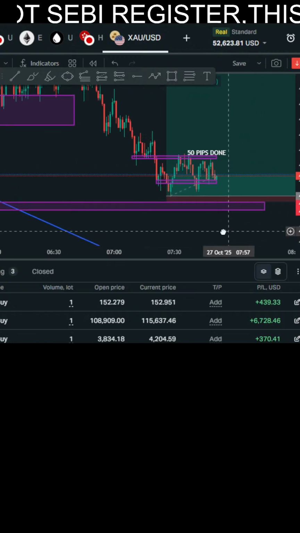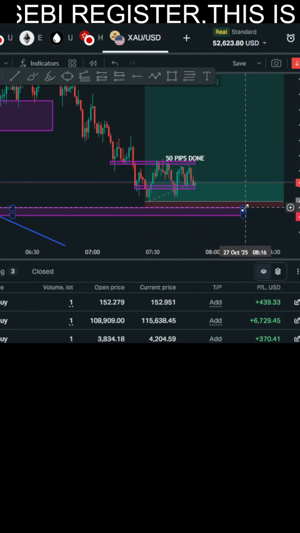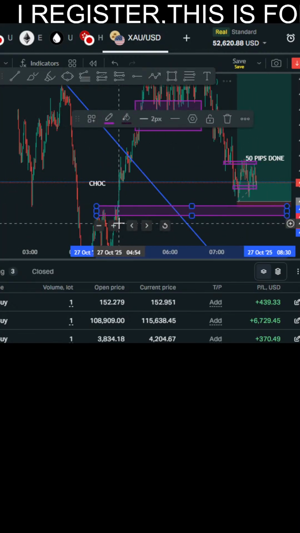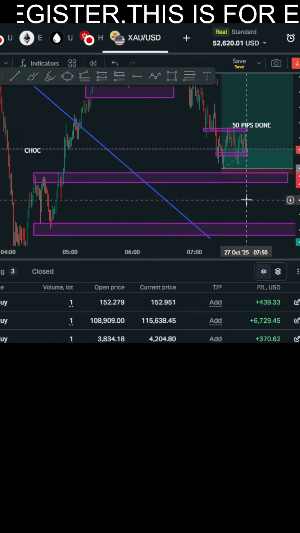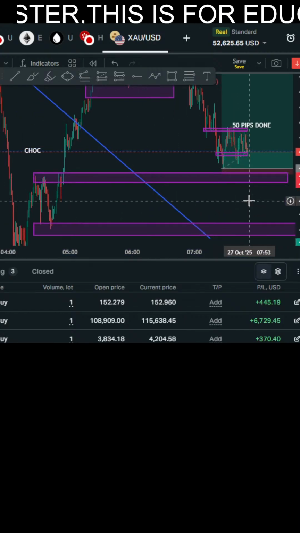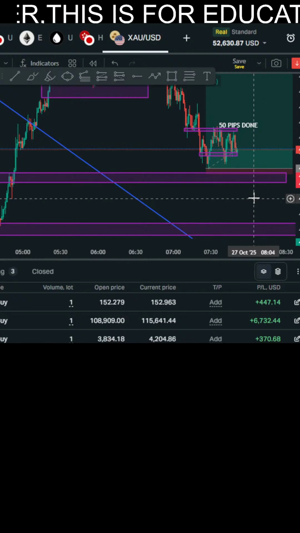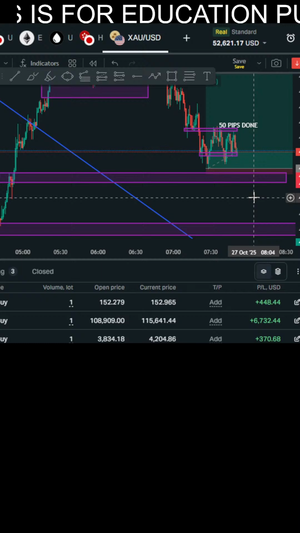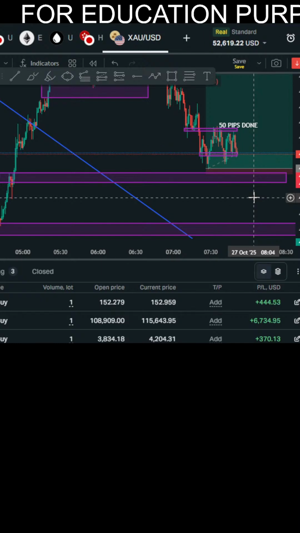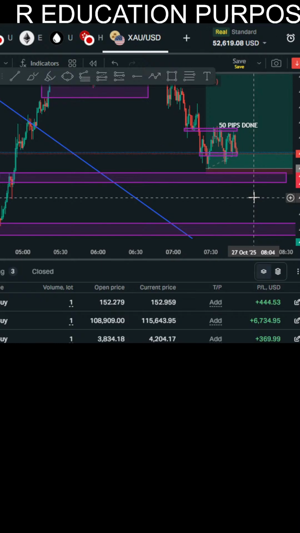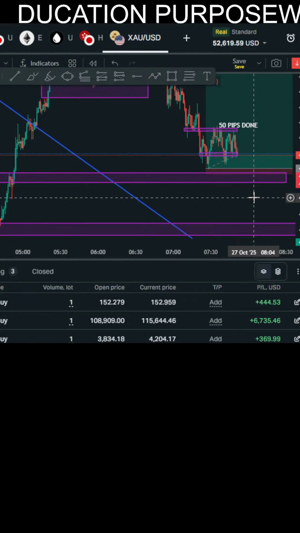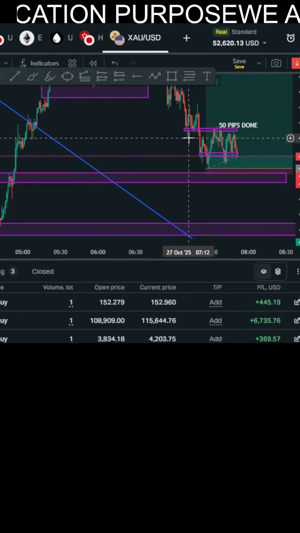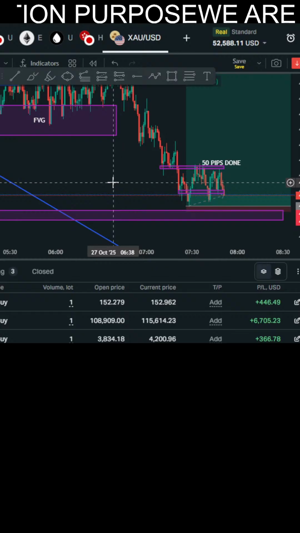You can use this zone to take a trade. You can take a buy from this area 65 to 64. You can take this buy and you can keep your SL at 50 pips, like 61. Okay, so 64 to 61 is only 30 pips of SL. You can use that and take a buy trade. Until then, there is no more trade now, or if you break this 50 pips level, you can take a buy trade. That's it for gold now.